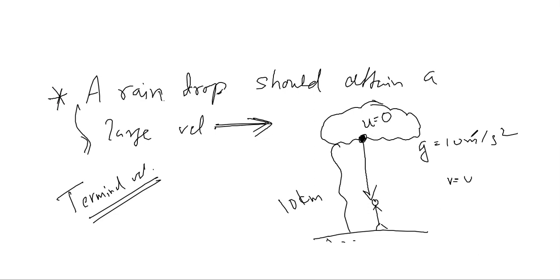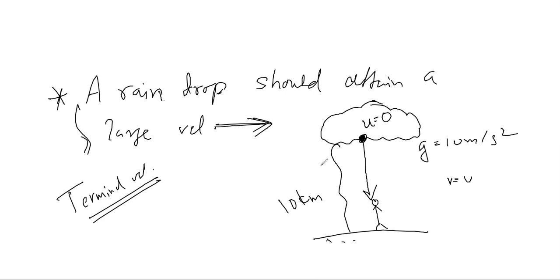Actually, we could use the v squared equation. v squared equals 0 plus 2 times 10 times 10, so the square root gives 10 root 2, which is 14.1 meters per second, or kilometer?